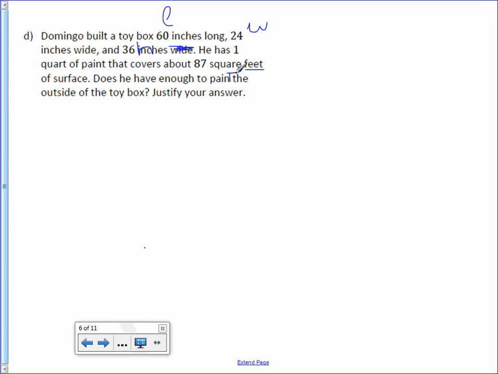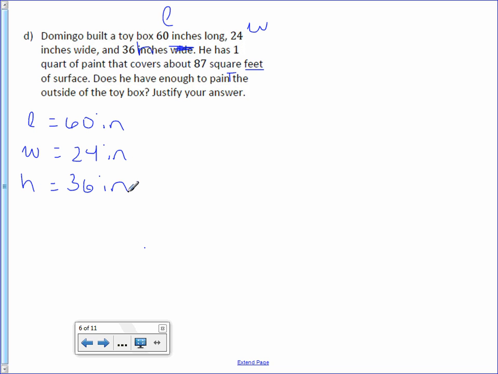Well, there's also another problem here. We have inches in our dimensions, but our paint is in square feet. So the first thing we want to do is change all of our dimensions into feet. So we've got our length of 60 inches, our width of 24 inches, and our height of 36 inches.